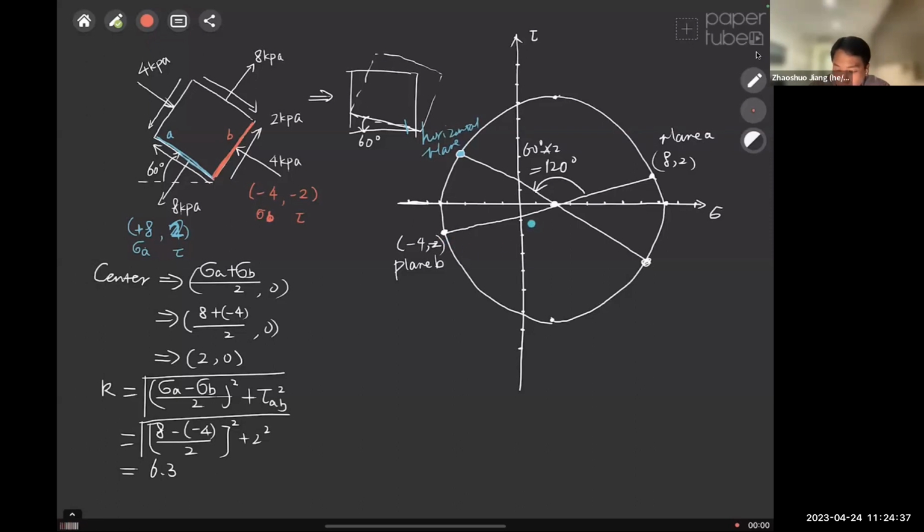Similarly, from plane B, if you rotate 120 degrees counterclockwise, this point here is going to be our vertical plane. What we need to do is find out the coordinates for those two, right?